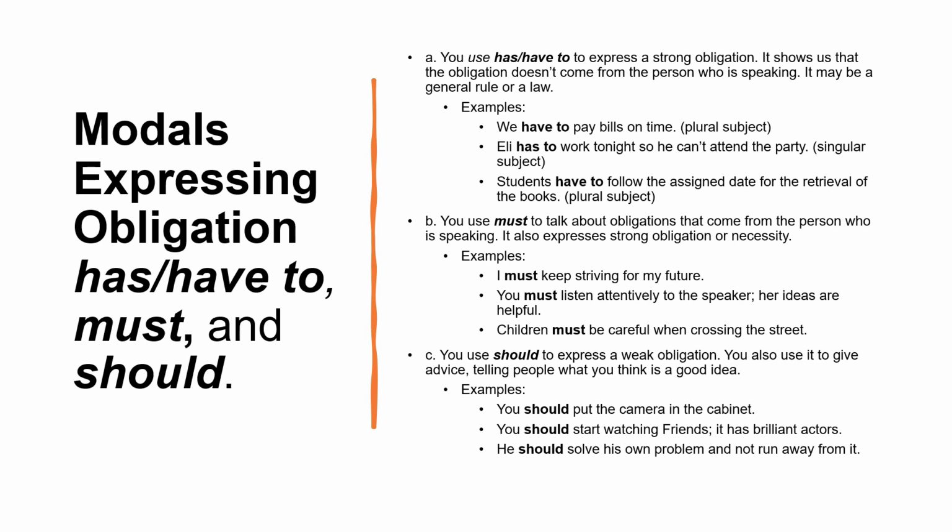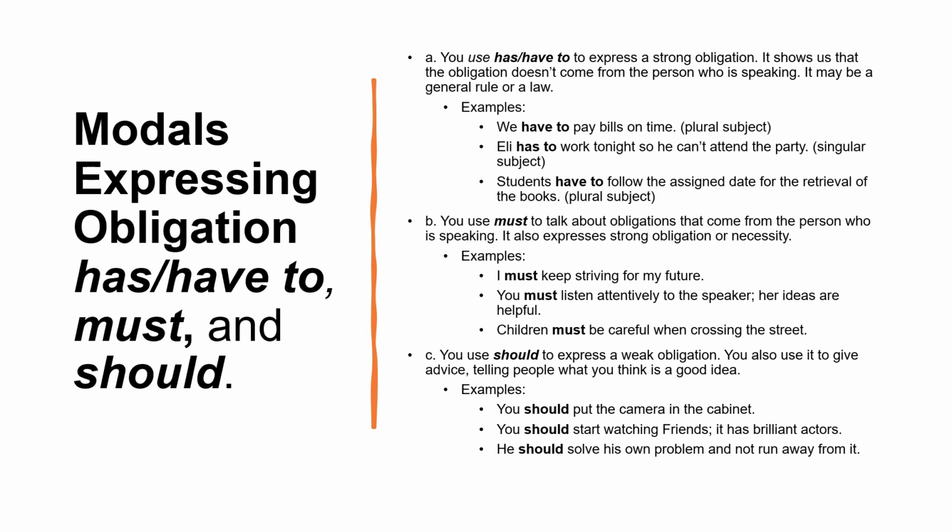How about modals expressing obligation? We have the following: has or have to, must, and should. Let's go to has or have to. We use has or have to to express a strong obligation.